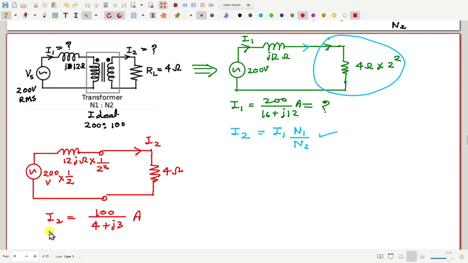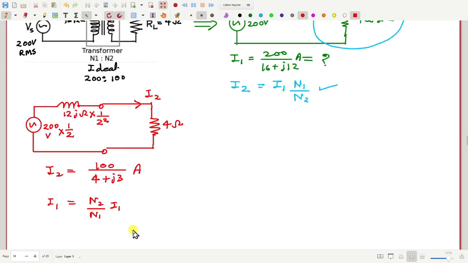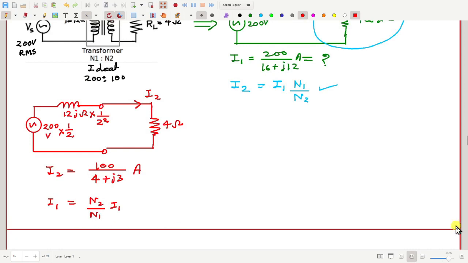And once you get I2, you can get I1 as N2 by N1 multiplied by I2. Any question here? I hope it's fine. No questions, sir. Okay.